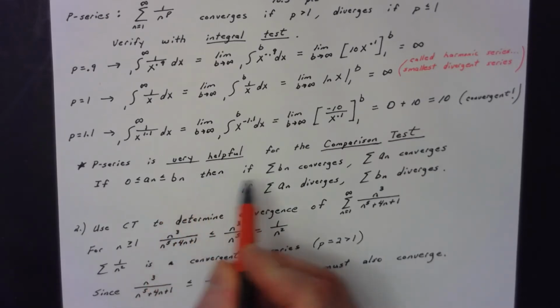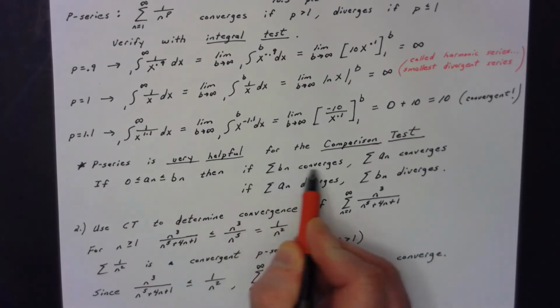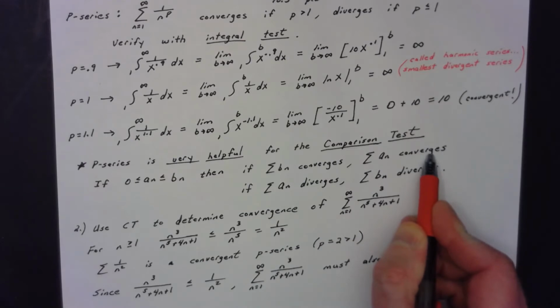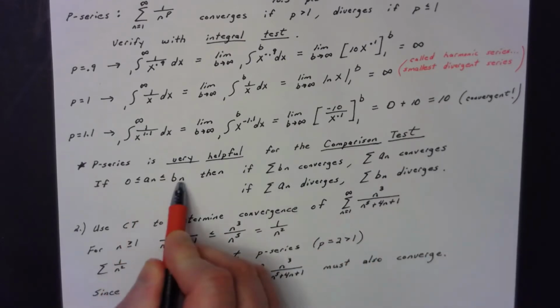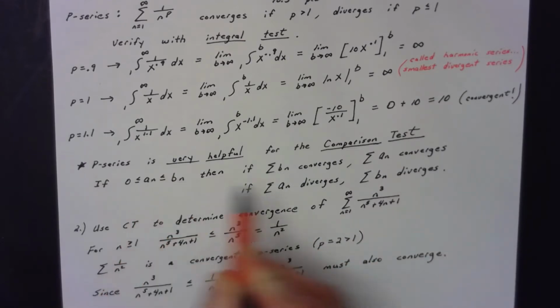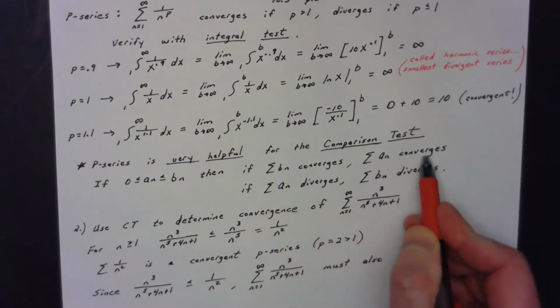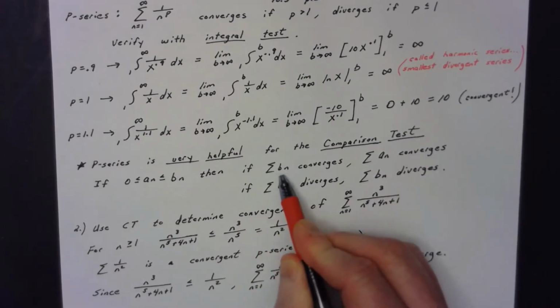If that's the case, I can say if b sub n converges, then a sub n would also converge. That should be obvious because a sub n is going to be less than b sub n. So if the series of b sub n converges, then the series of a sub n would converge because it's smaller than that function.